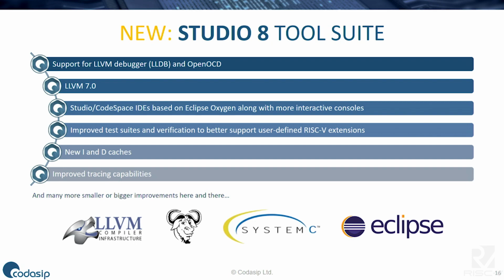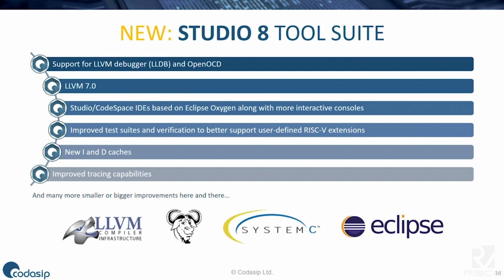We also moved to OpenOCD, which is really useful for on-chip debugging. We moved to LLVM 7. We moved to the Oxygen release of Eclipse. We have improved verification of RISC-V extensions. We have new caches that are smaller, with more performance, and so on.